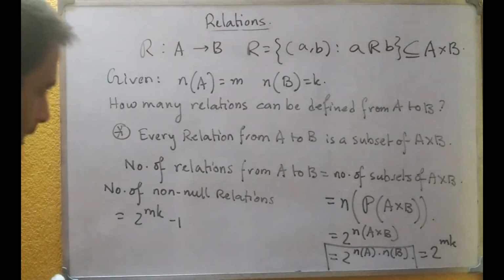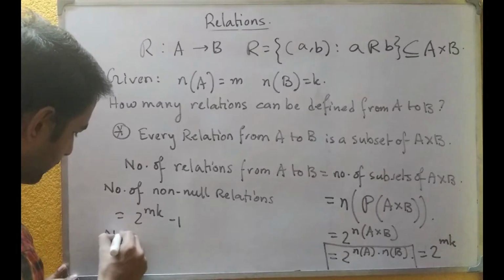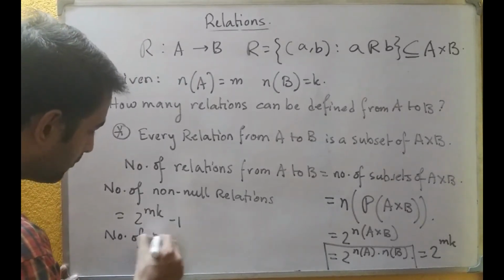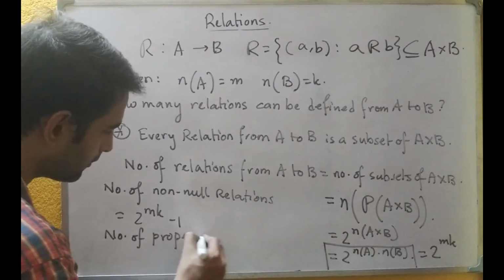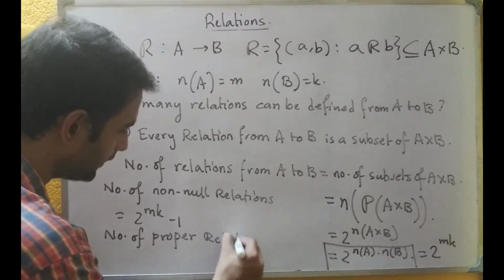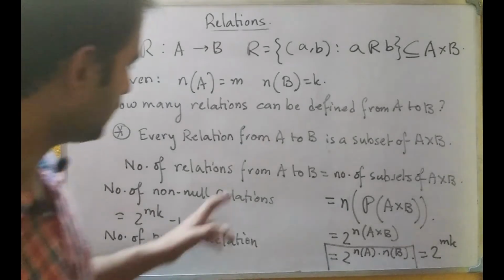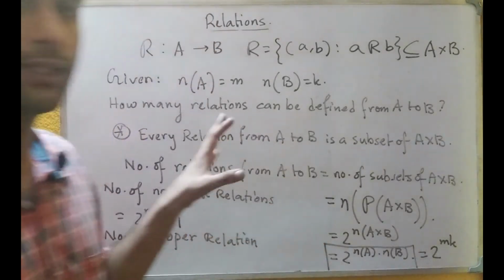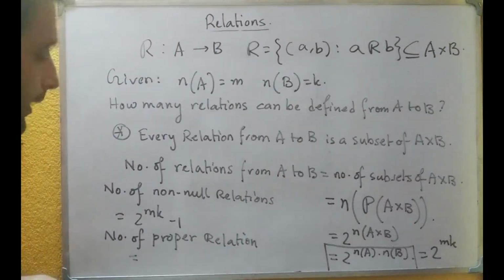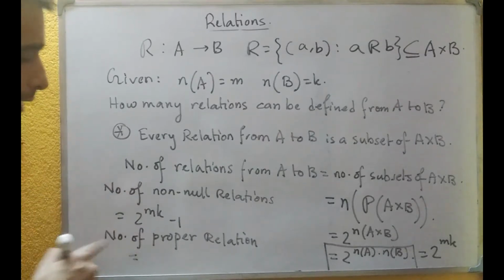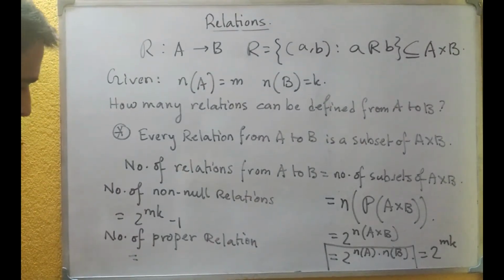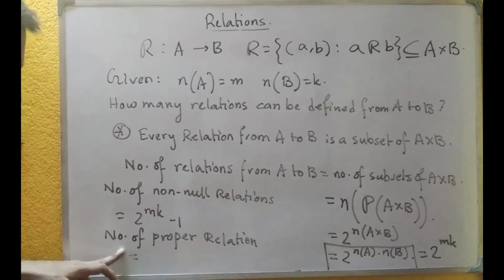And similarly, if you are asking for the number of proper relations, then this will be the same, because when you are considering all the relations, you are also considering the improper relation, that is the relation A cross B. So that we have to subtract from here.